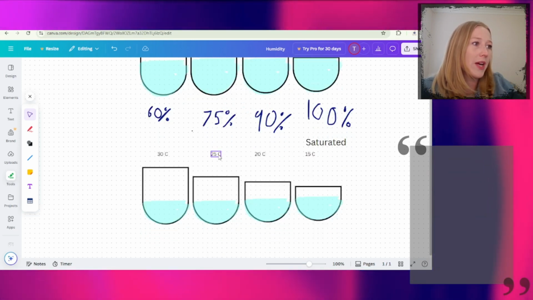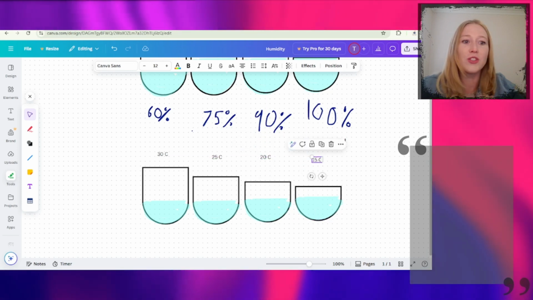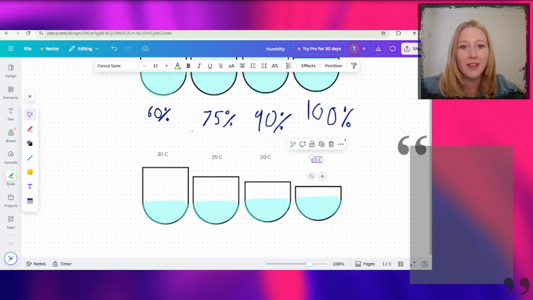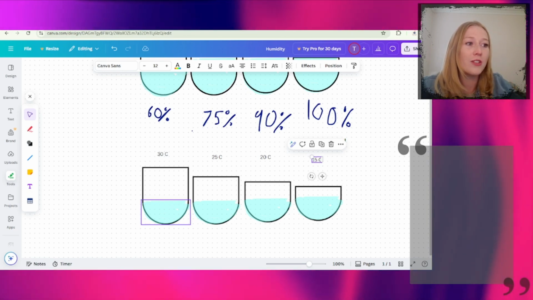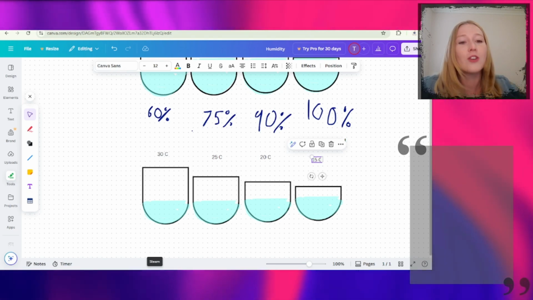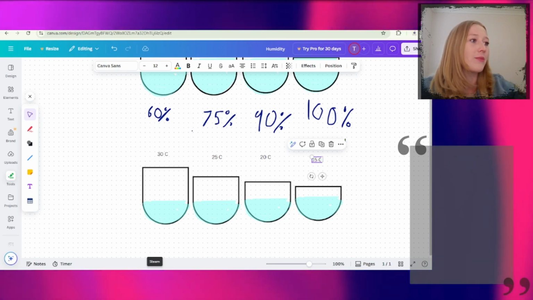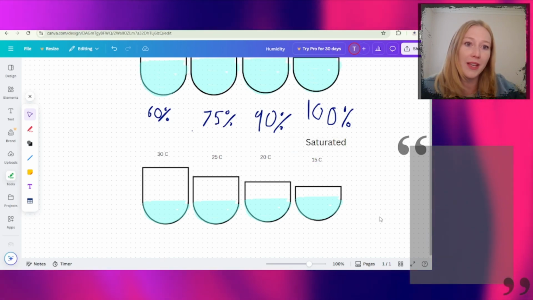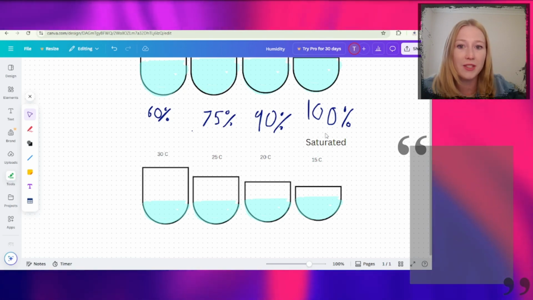But notice what happens when it gets to the 15 degrees. It's not at 100%. It's not saturated yet because it started with less water. It has less water vapor in it, so it hasn't become saturated yet. It needs to keep getting colder before we actually reach that 100%.